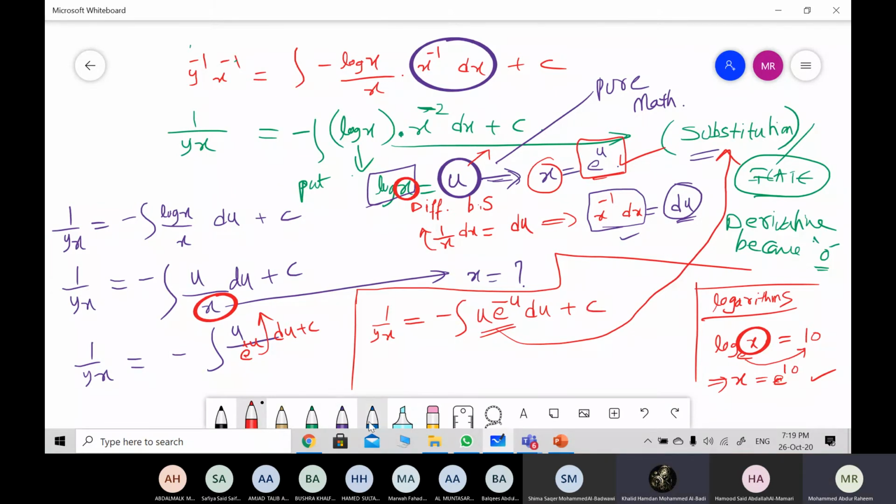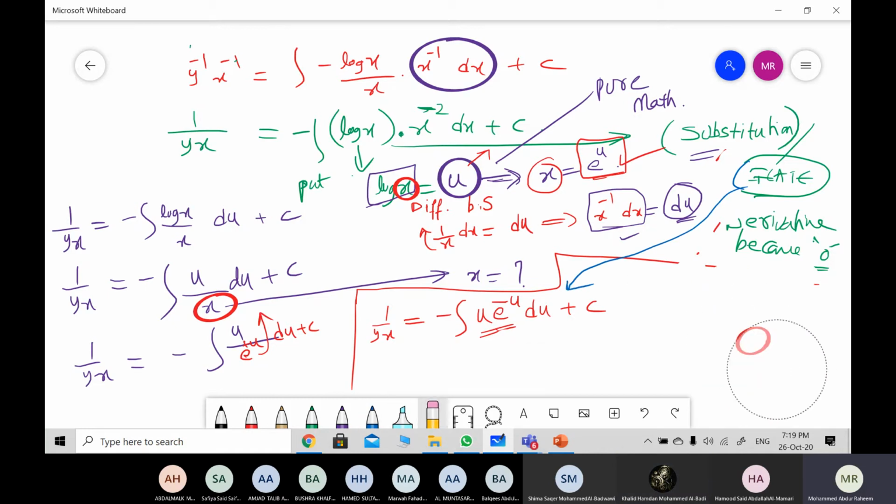How much? No, sorry. Better to take 1 as the substitution. Why? I will show you why, because we can reach 0.